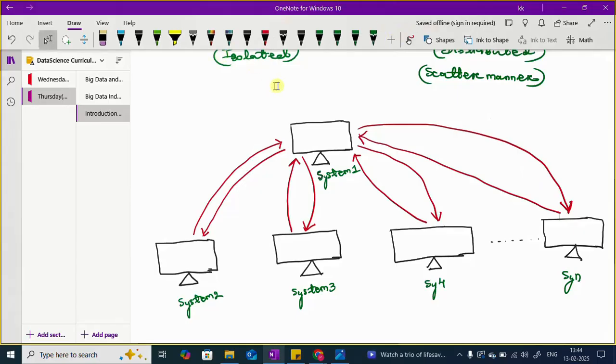If I draw a distributed system, I can say typical architecture or typical diagram. Let me write it down, of a distributed system.